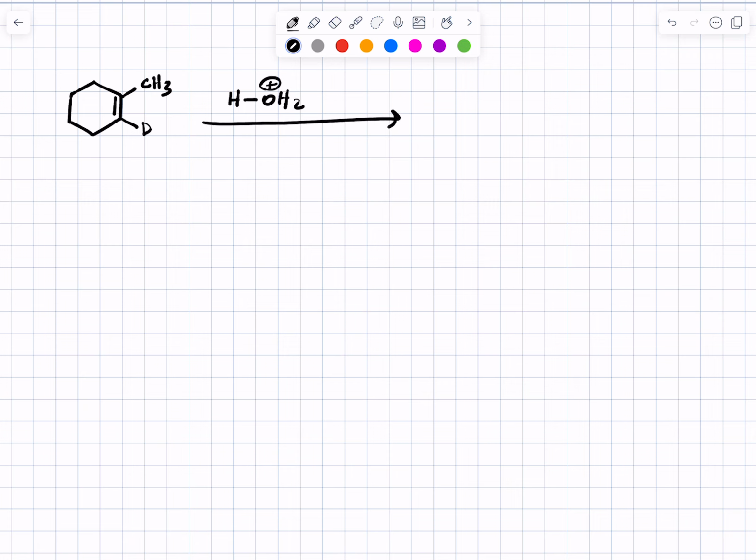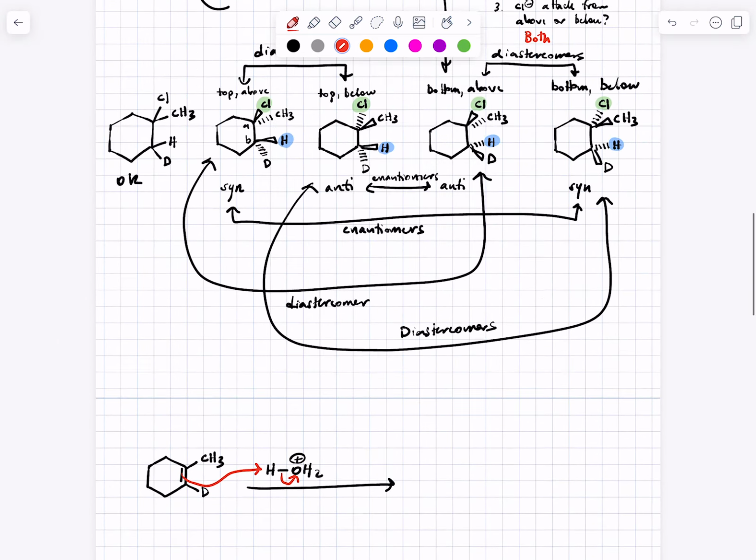You're going to get a carbocationic intermediate. And then in your second step, instead of Cl minus, water's going to be your nucleophile. Everywhere above where there was a Cl, there will be an OH group. Okay? But it's exactly the same reaction.